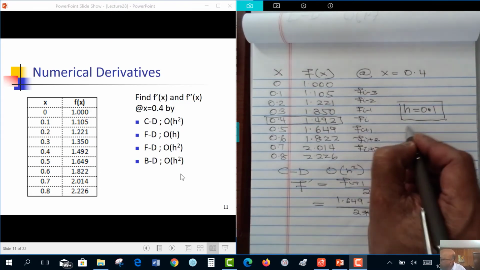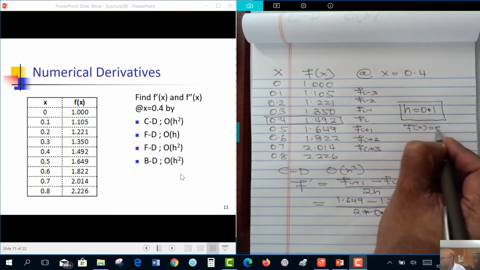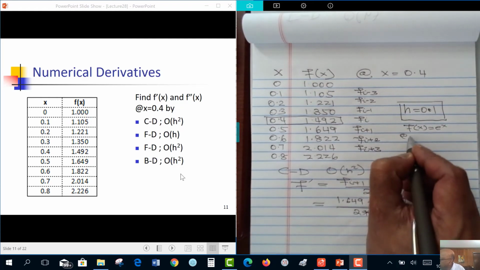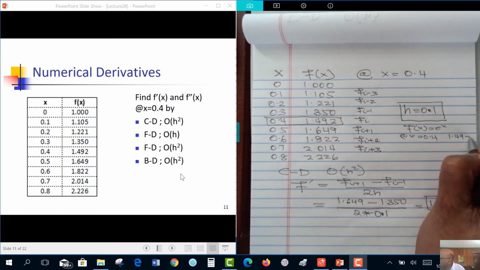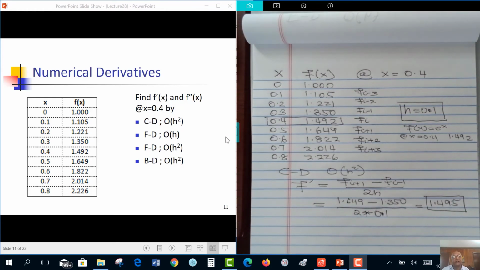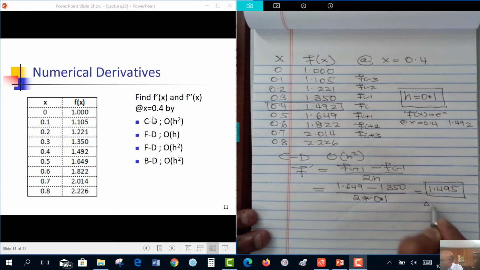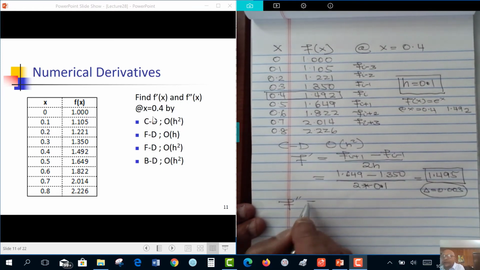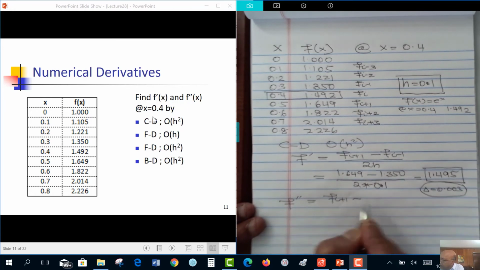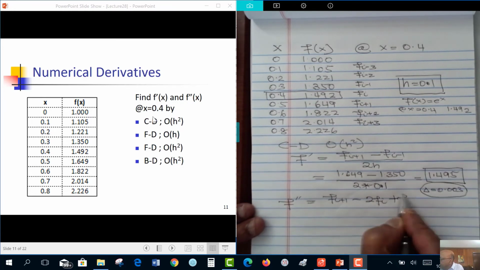Okay. So remember our function is e to the x, so all derivatives are e to the x. And at x equal to 0.4, we know e to the x is 1.492. So all the derivatives that we are going to find in this list, their true value is 1.492. So our error is 0.003. All right, let's see the second derivative. The second derivative is (fi plus 1 minus 2fi plus fi minus 1) over h square.